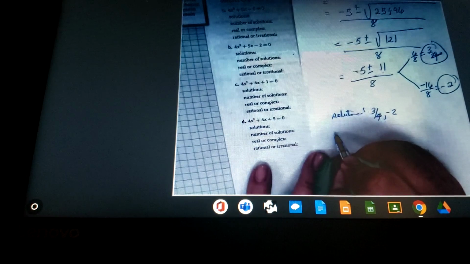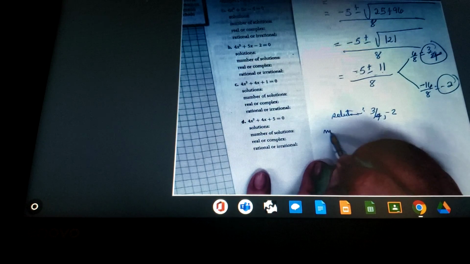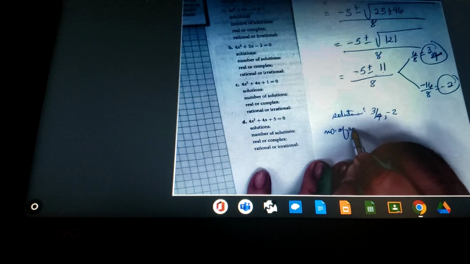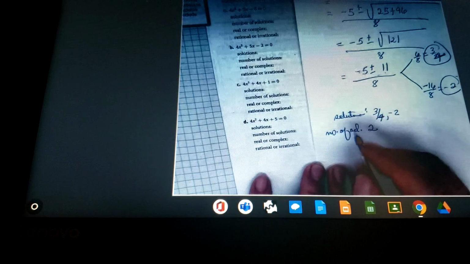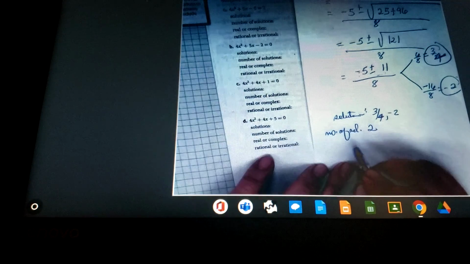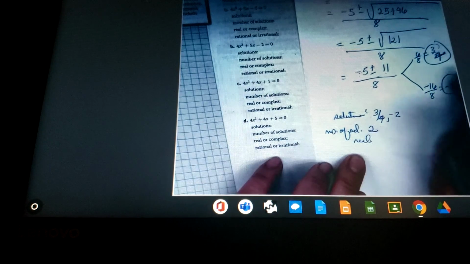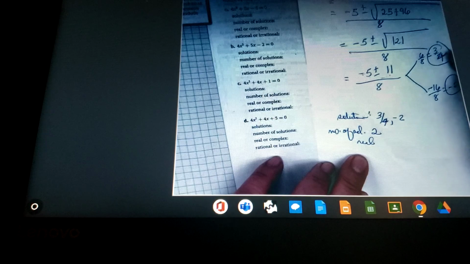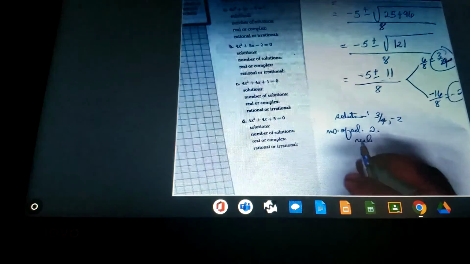So the number of solutions we have is 2. Real or complex? Real. Why is it real? Because there's no i. If there's an i, that's complex. And is it rational or irrational?